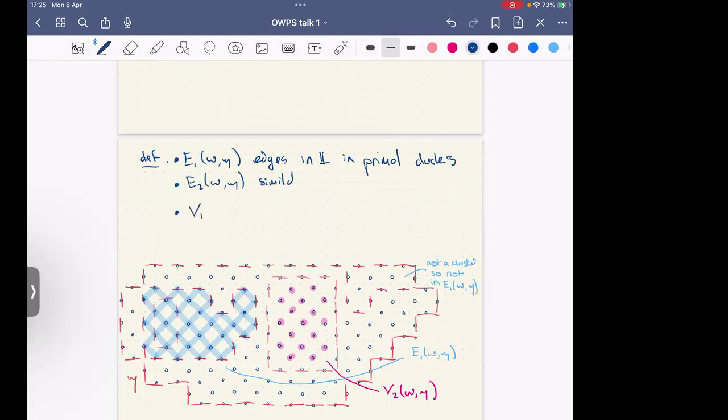Let V1 of omega gamma be the vertices in L strictly in primal clusters, and V2 similar.